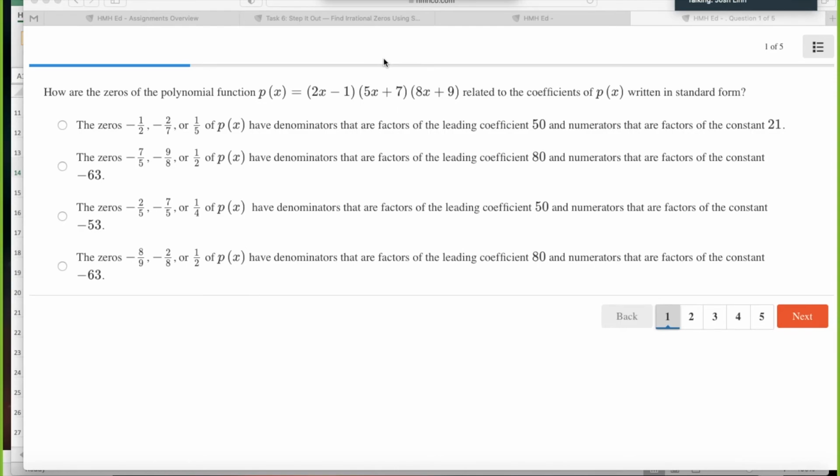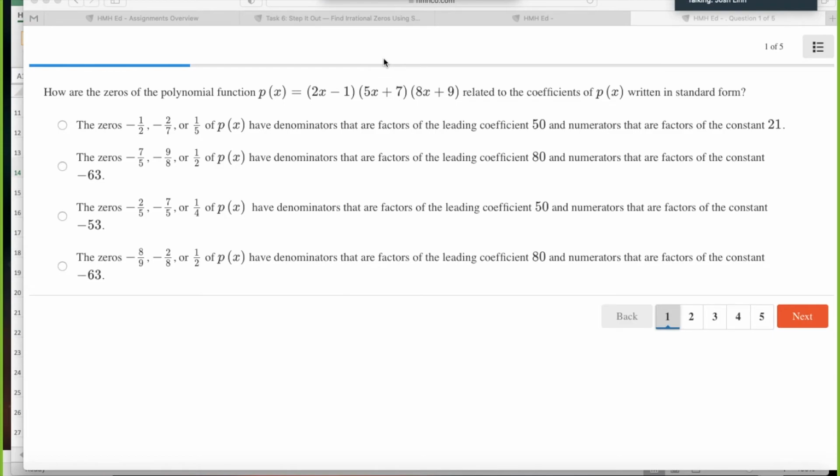All right, here we are on our check on learning. So let's get started. It says, how are the zeros of the polynomial function p of x equals all of that related to the coefficients of p of x written in standard form? First things first, I'm going to write down the zeros.